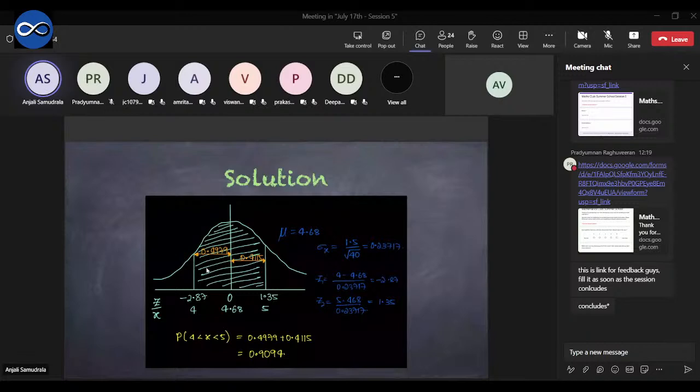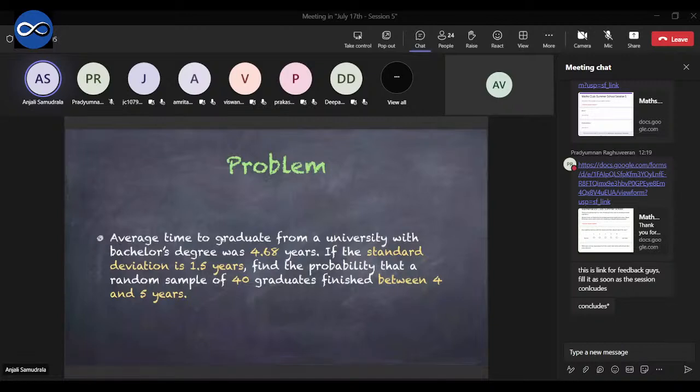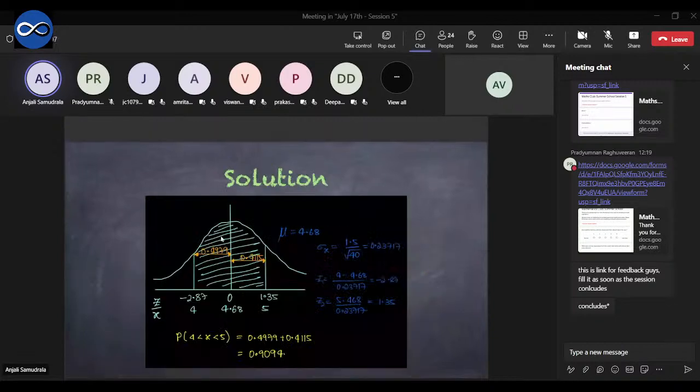So 0.4979 plus 0.4115. The probability that 40 graduates finished between 4 and 5 years is 0.9094. These are three different possible cases, and here we conclude the central limit theorem.